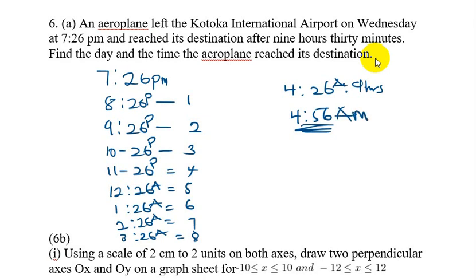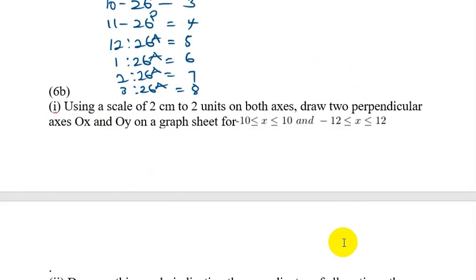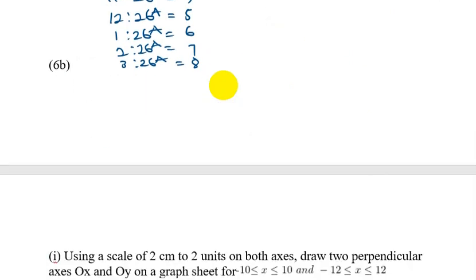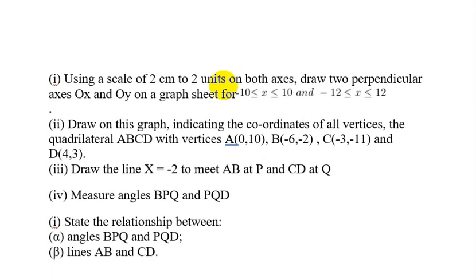So the flight left on Wednesday 7:26 and it will reach Thursday 4:56 a.m. That is all. We don't have to waste time on something like this. There's no calculation, just a logical reasoning question. Most of the WAEC questions, that's how they are. They are logical reasoning. You just have to think and do it. You don't need any formula work.